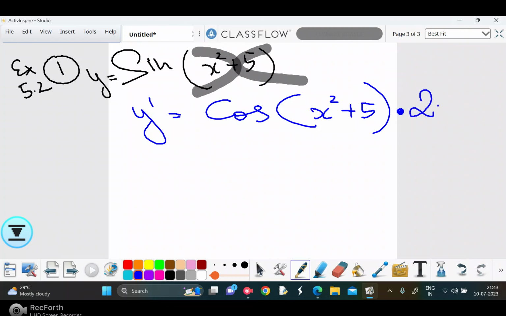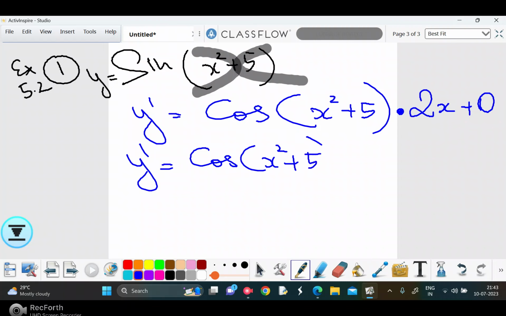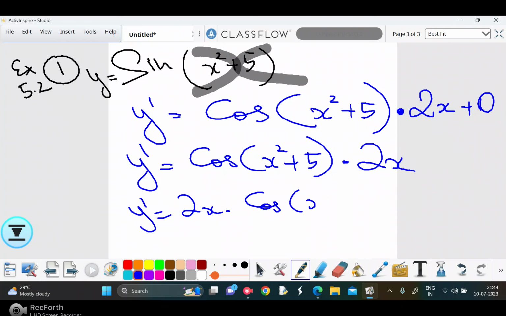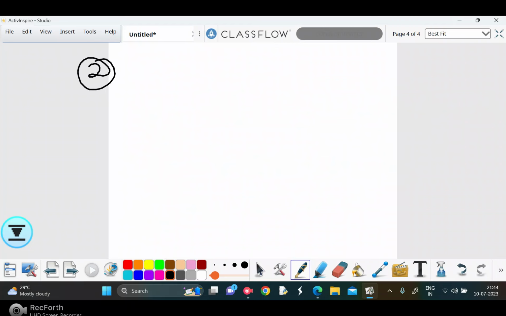What is the derivative of x square plus 5? Power rule gives 2x, plus differentiation of the constant is 0. So y dash is equal to cos of x square plus 5 into 2x. You can write that 2x in front: 2x into cos of x square plus 5. Take down the next question.